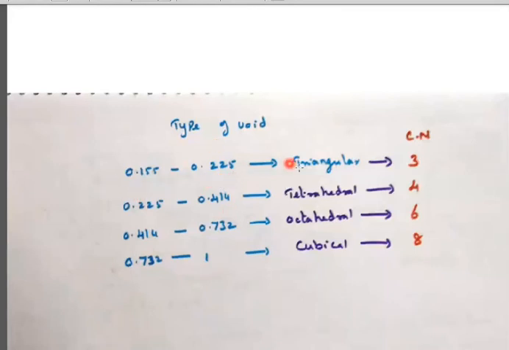This is 0.155, it is triangular, the coordination number is 3. 0.225 is tetrahedral, coordination number 4. 0.414 is octahedral, it is 6. And 0.732 is cubical. Octahedral is FCC and cubical is BCC. The coordination number for octahedral is 6 and for cubic is 8.